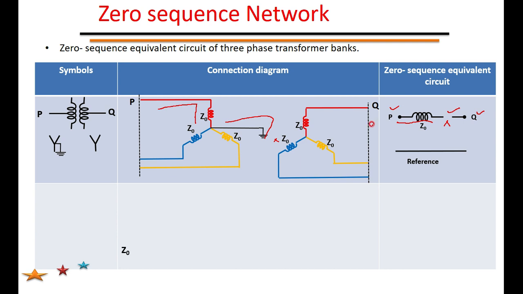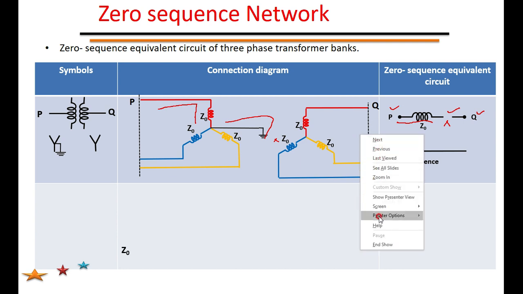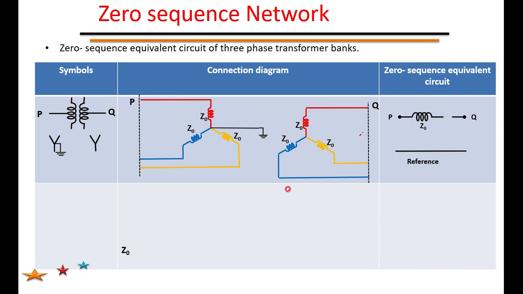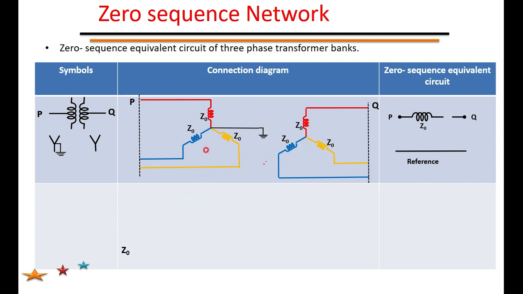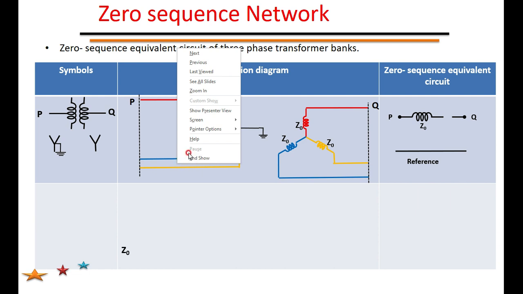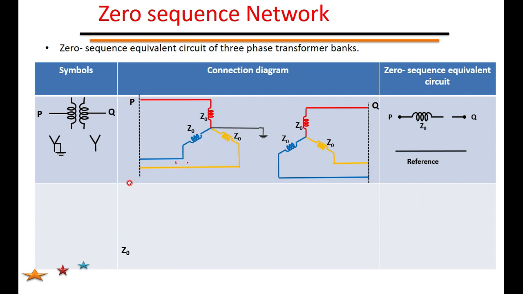Then we'll move to the next combination, where both the primary and secondary are grounded.